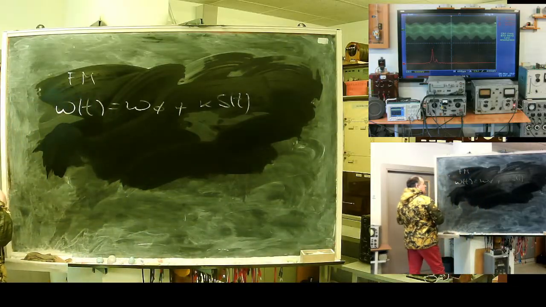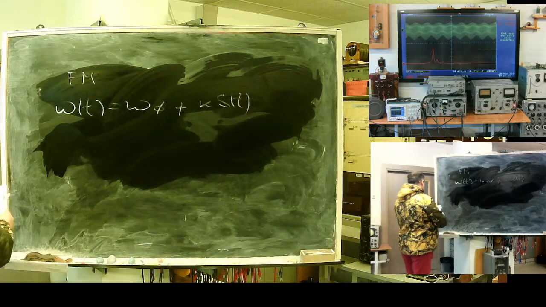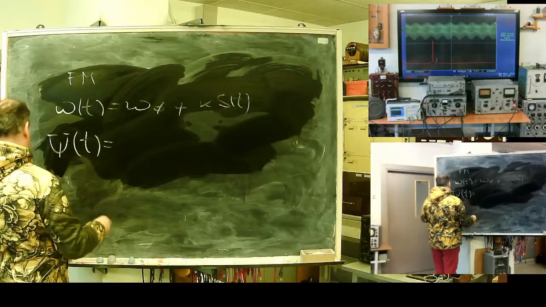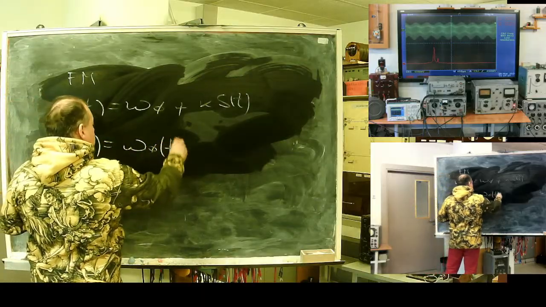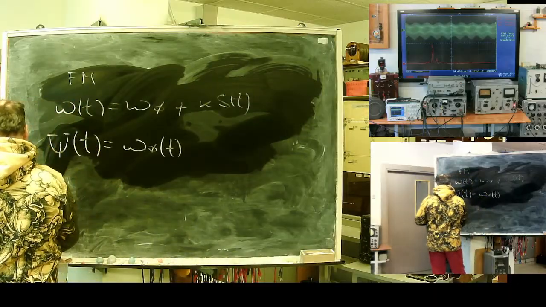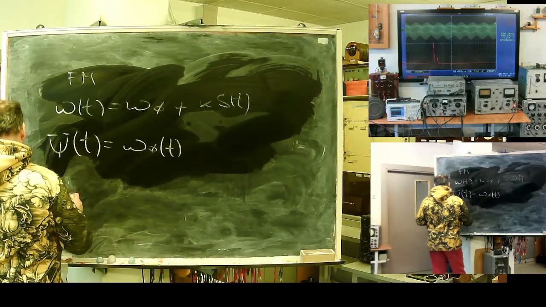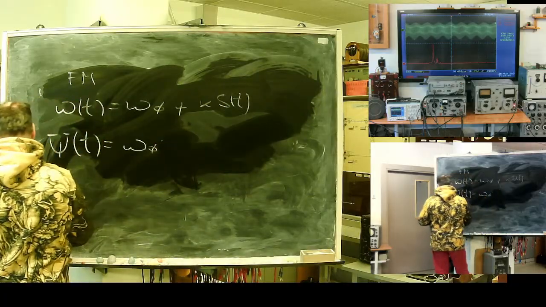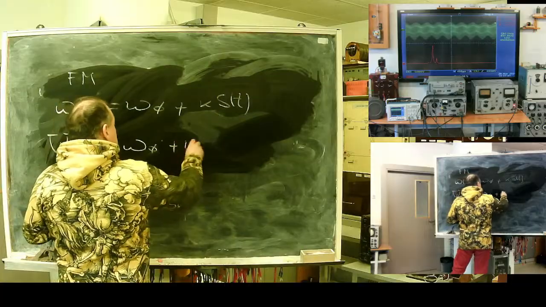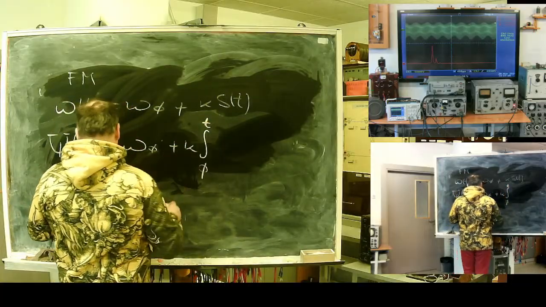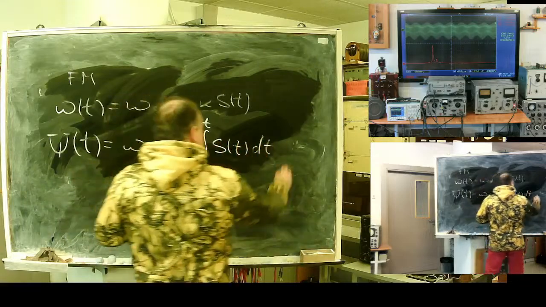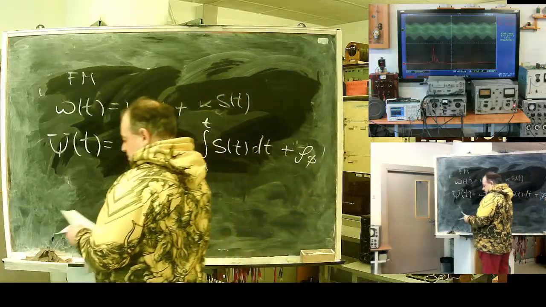This k actually characterizes depth of modulation. Instant phase of the modulated signal will be omega 0 time plus the integral over time. And if it was present, phi 0.